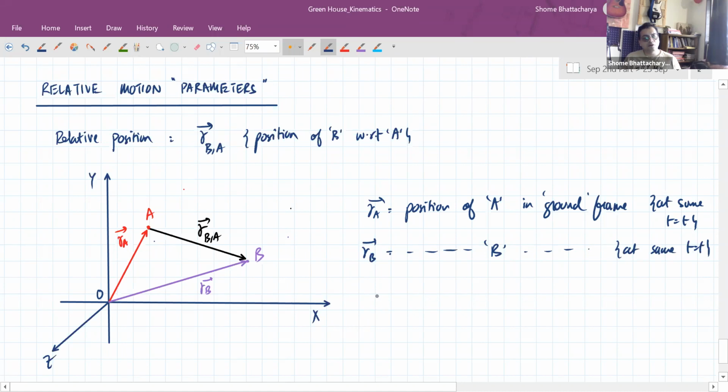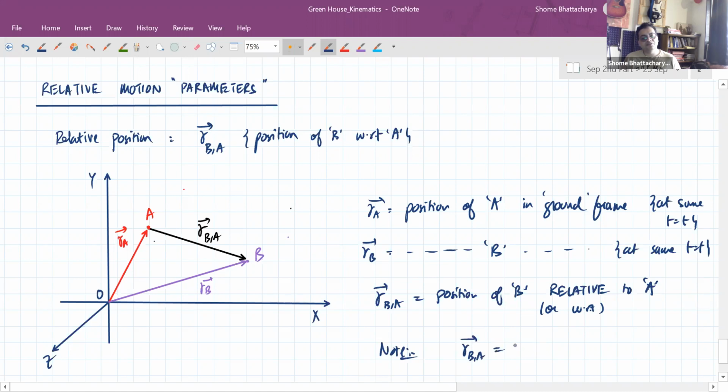Now what is RBA in the diagram? This is the position of B relative to A, or with respect to A. From the vector diagram, you can see that this vector RBA is nothing but the difference of these two vectors.